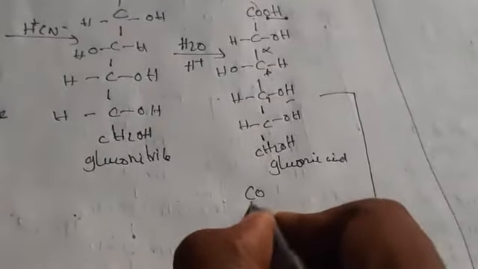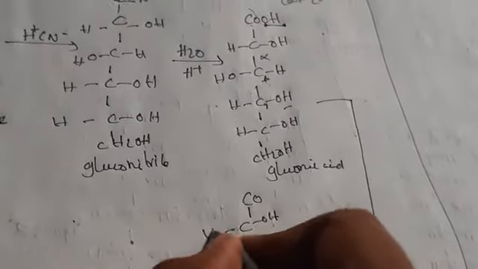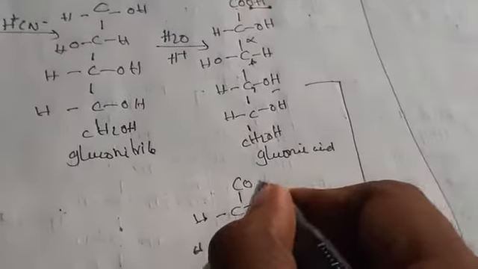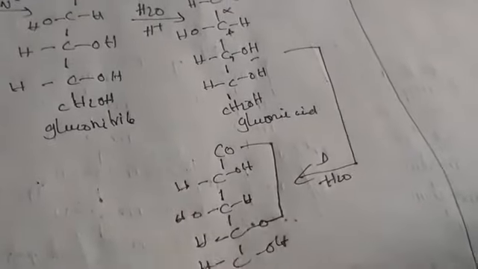So COOH, H, OH and CO, and H, CH2OH. What is it forming? Gamma gluconolactone.